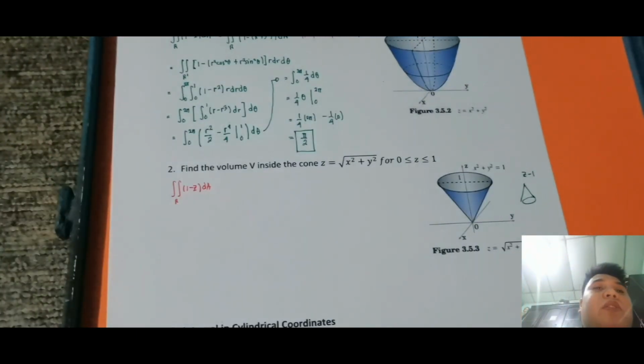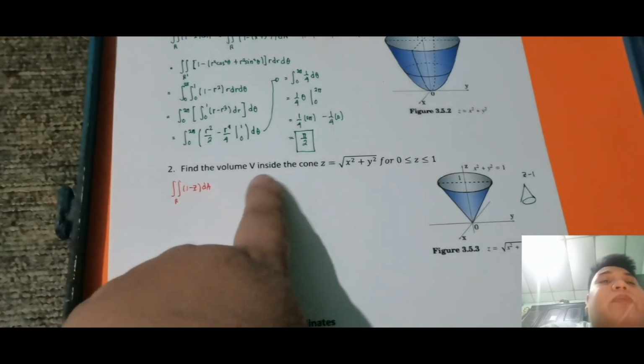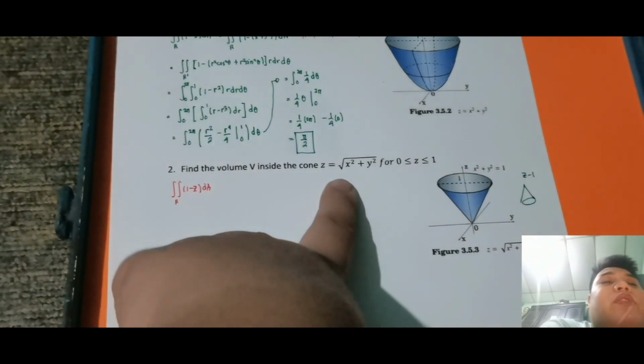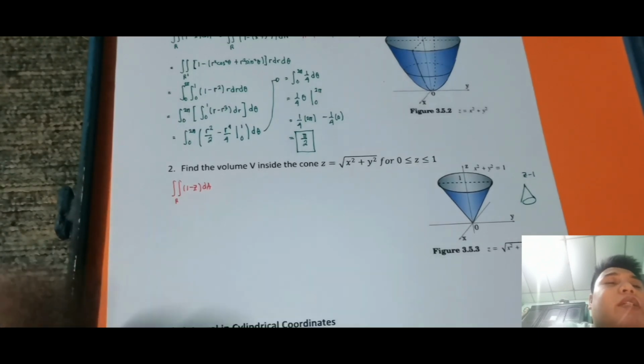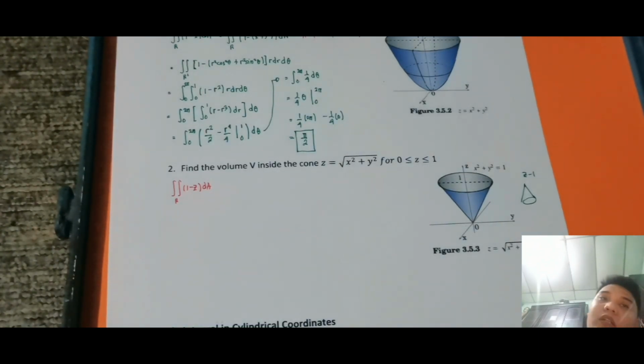Now this one is a bit tricky. Find the volume B inside the cone z equals the square root of x squared plus y squared, for 0 less than or equal to z less than or equal to 1. Similarly, what do I substitute for z? What you substitute for z is the square root of x squared plus y squared.